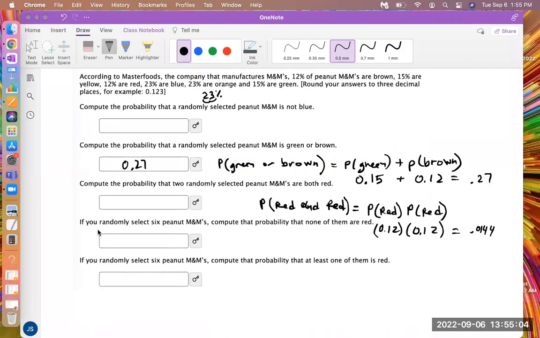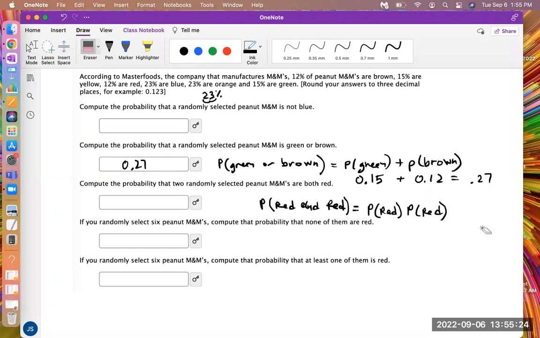All right, and the last one: if you randomly select 6 M&Ms, compute the probability that none of them are red. So we know the probability of it being red is 0.12.